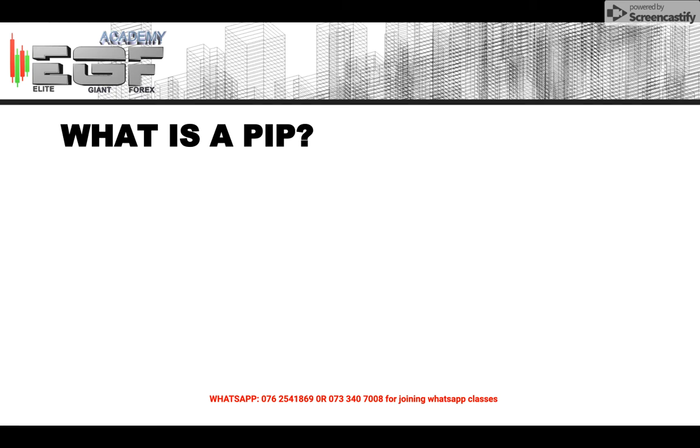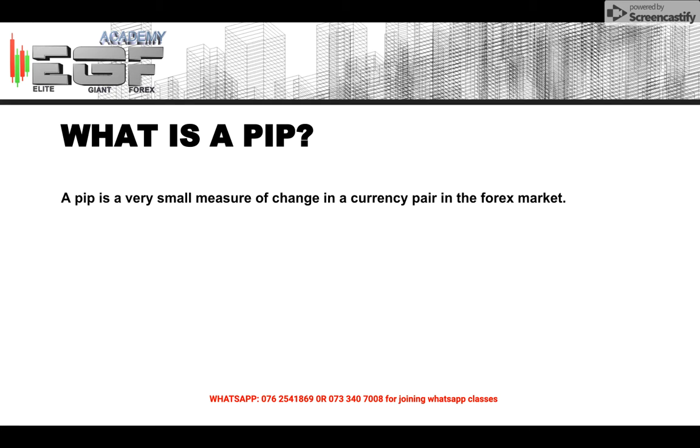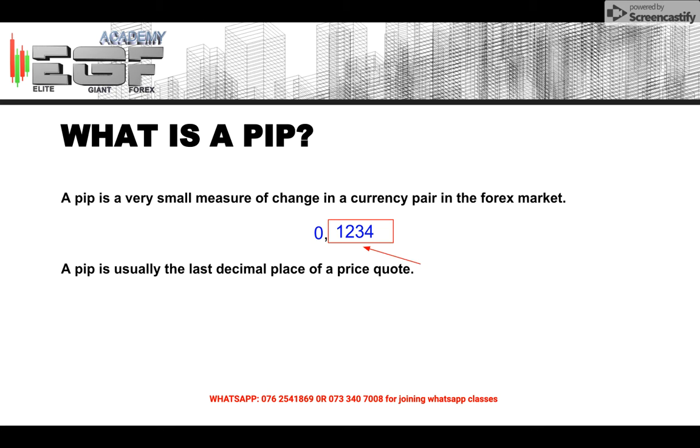What is a pip? A pip is a small measure of change in a currency pair in the forex market. A pip is usually the last decimal place of a price quote. As you can see, those are representing pips.